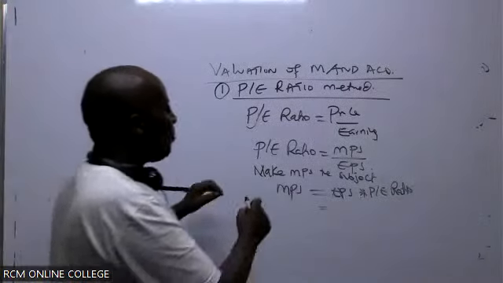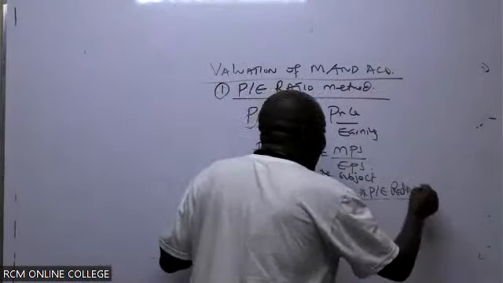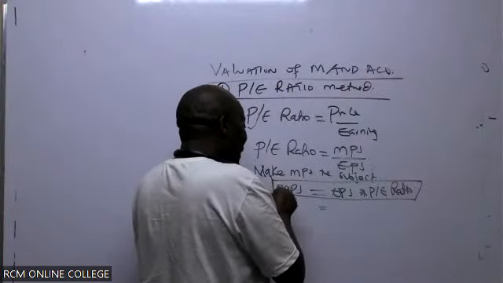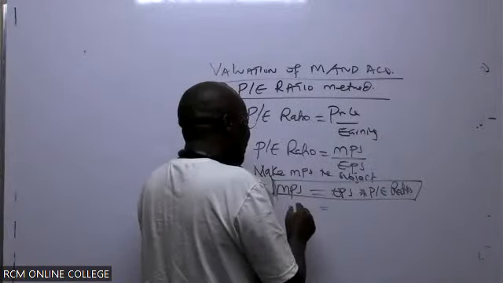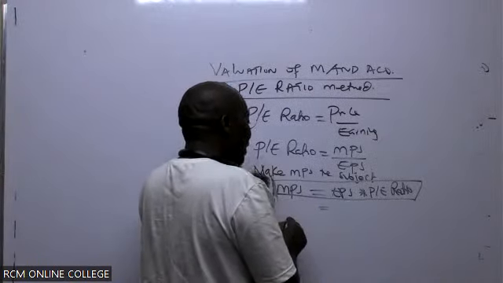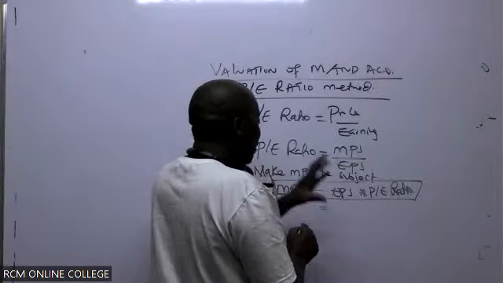So this is so important to us. Please highlight this in yellow. We don't want just MPS, which is the market value per one share. We want the market value of the whole firm.